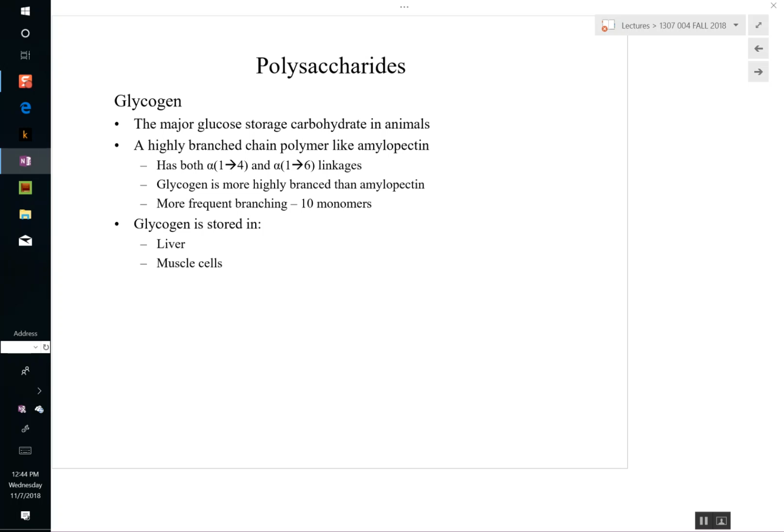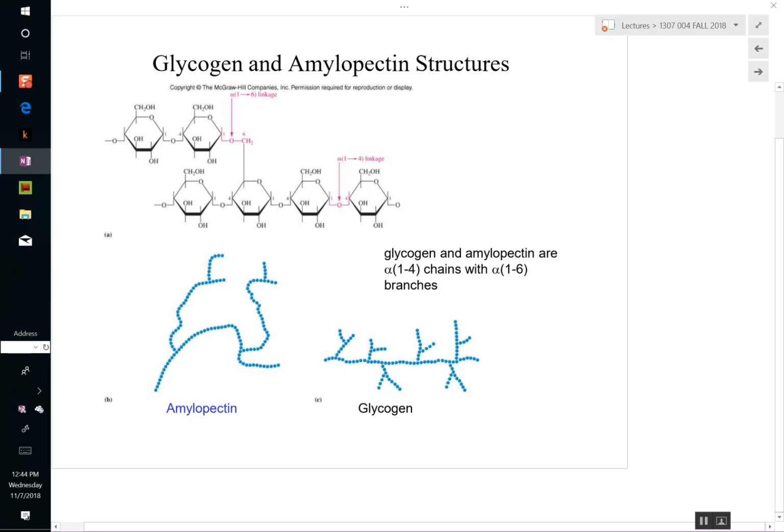It's forming glycogen. That is a polymer of all glucose. It's just a polysaccharide of glucose, and it can have some branching on it. Each one of these beads would be representing a glucose molecule.